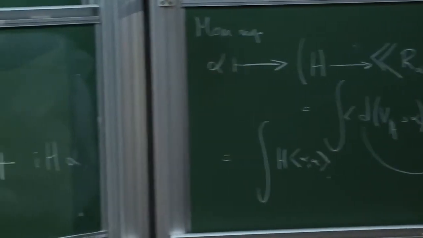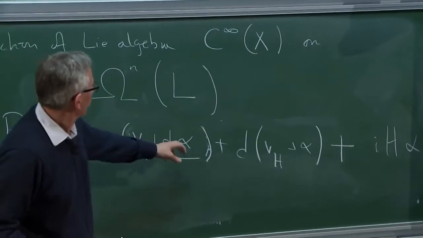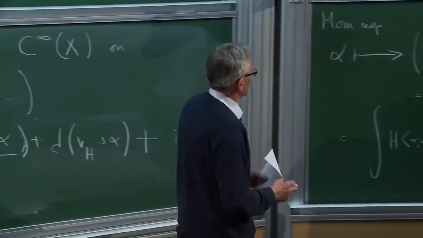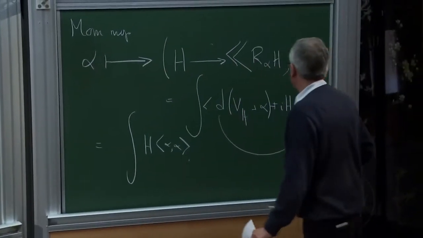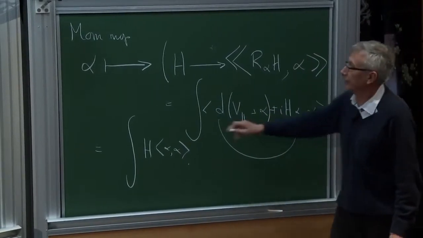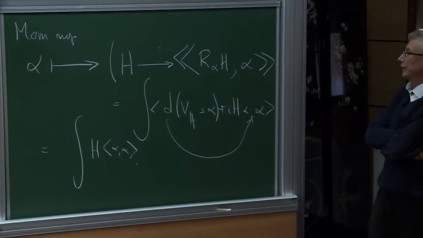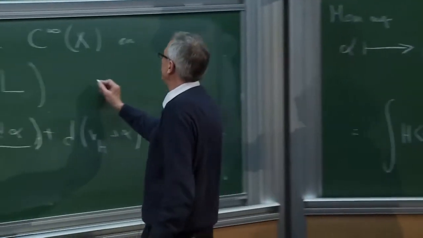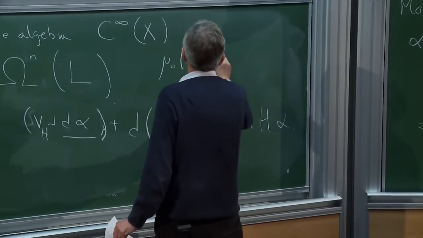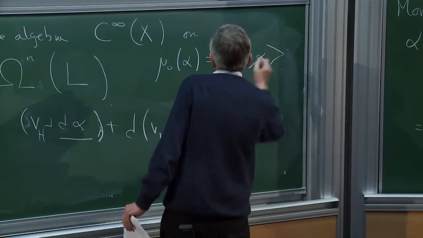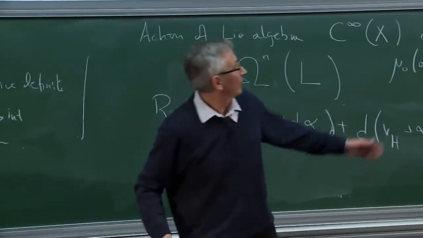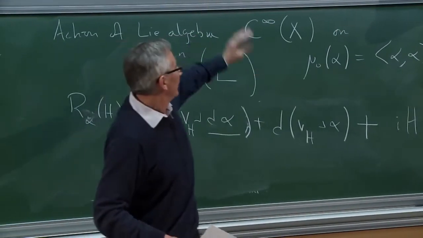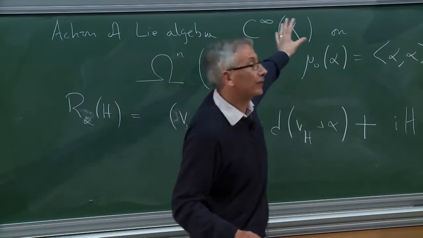Using the fact that alpha satisfies this condition, that its exterior derivative is equal to 0, the moment map mu naught of alpha is indeed just given by the volume form determined by alpha, which unravels into being the correct thing to define with respect to the Ding functional and so forth.